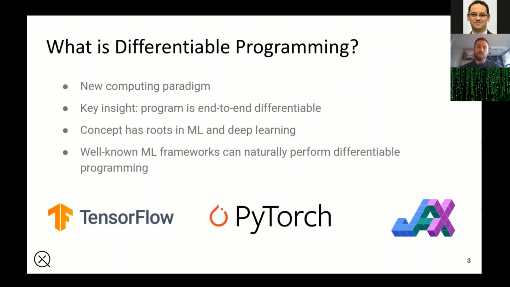Once you provide gradient functions to each of the functions that you have written, you can then make your entire program end-to-end differentiable. This is a key thing when you would like to get gradients of entire programs. There are multiple software libraries such as TensorFlow, PyTorch, or JAX that give you differentiable programming capabilities.